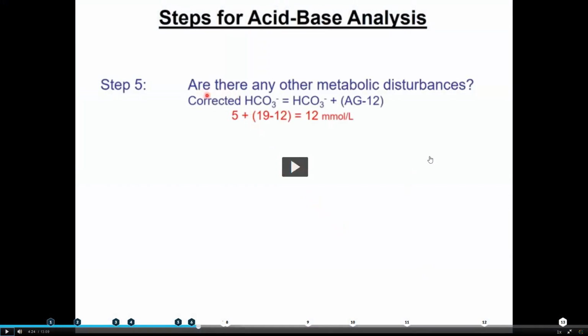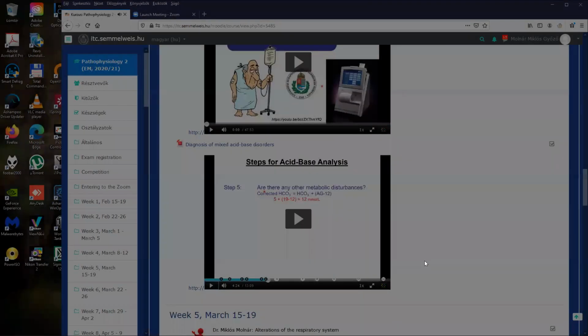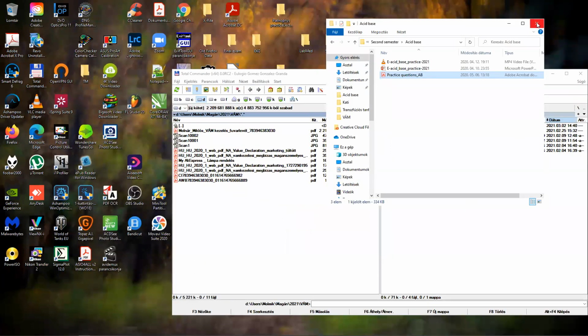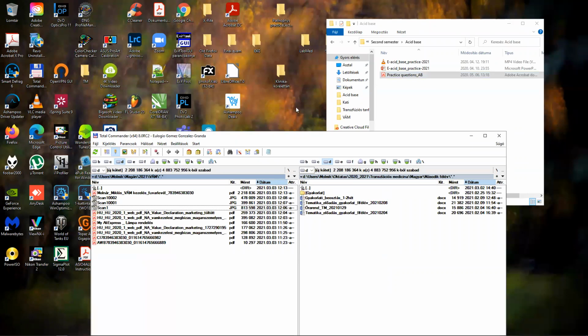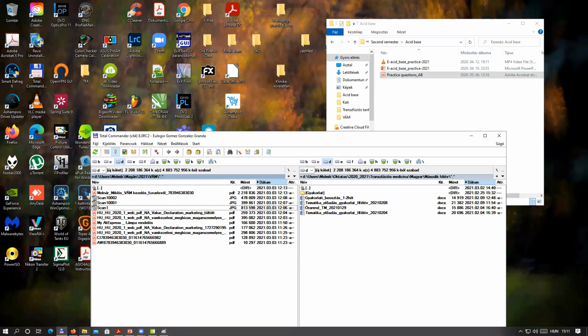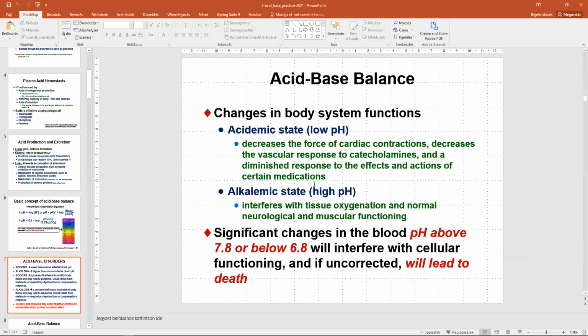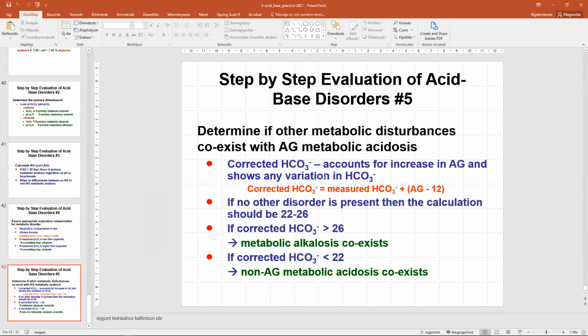Before we continue, I will explain what the corrected bicarbonate is. If somebody has an anion gap metabolic acidosis, what will happen?